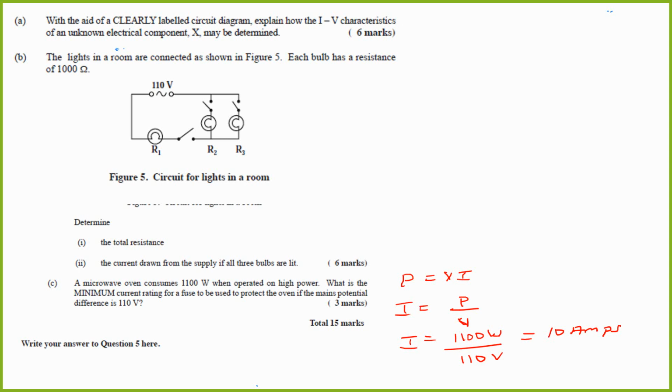Now, if I rate the fuse at 10 amps, what it is really telling me is that if the current is at 10, then it can break, but that current is going to be a safe current, if you see what I mean.